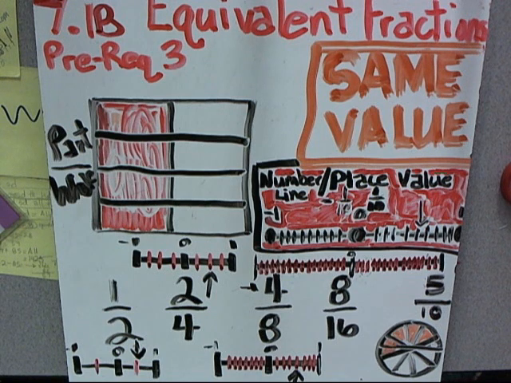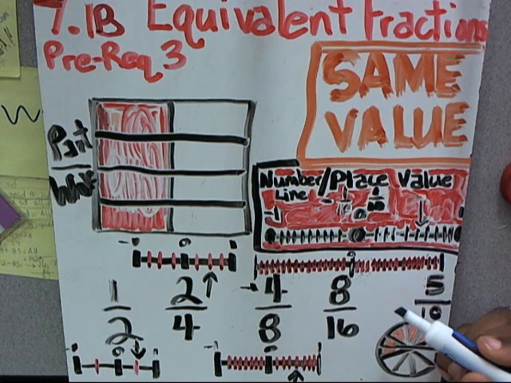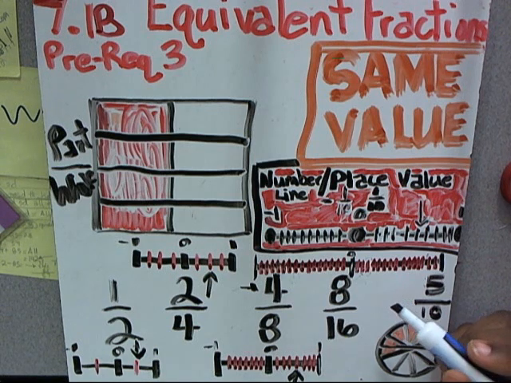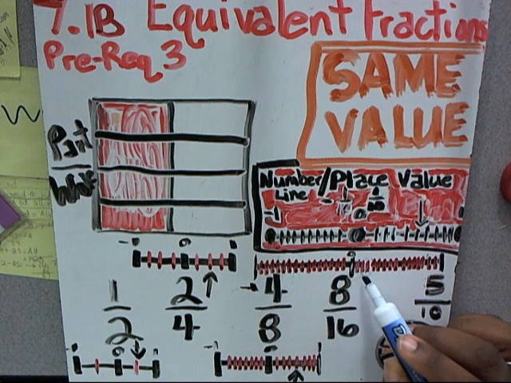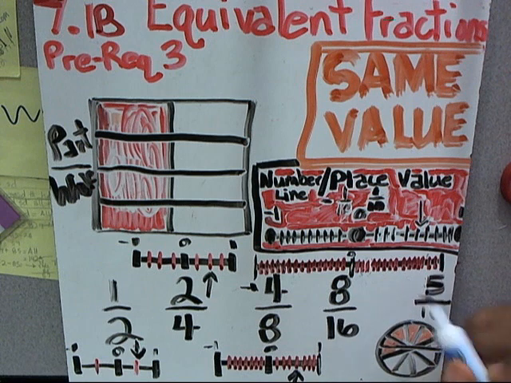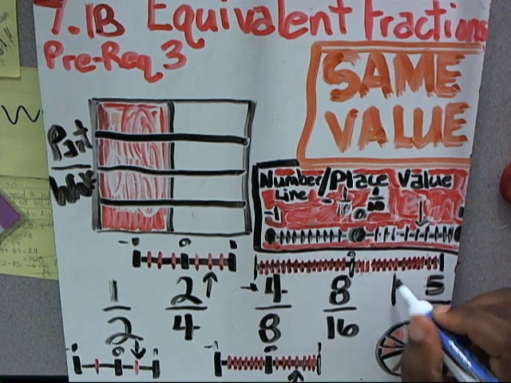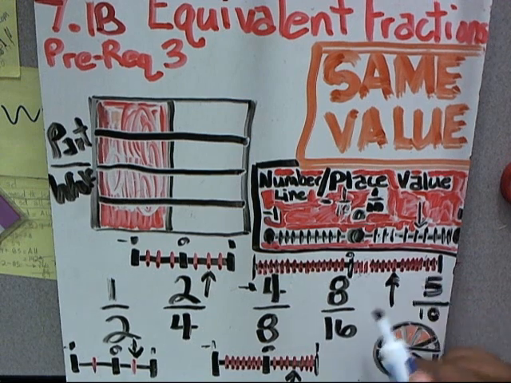It is half. Okay, 8/16. So we have on the number line, it would be 1, 2, 3, 4, 5, 6, 7, and 8. This is the 8th. This is 8/16 on a number line.